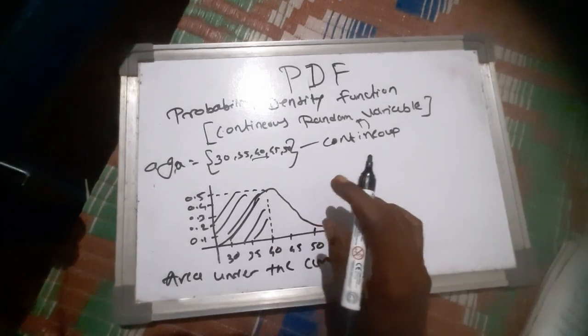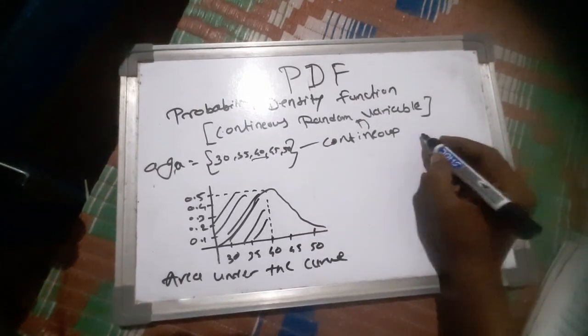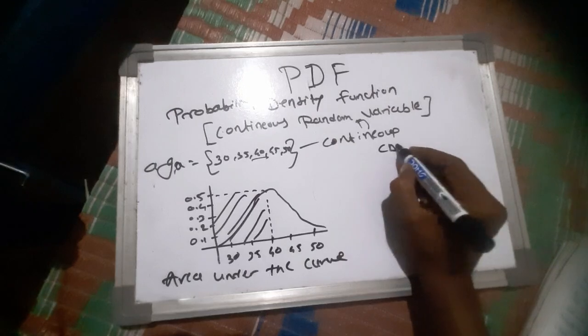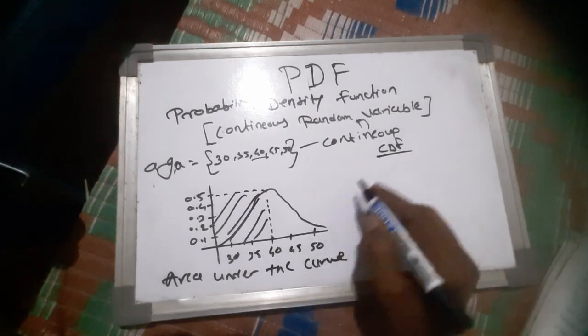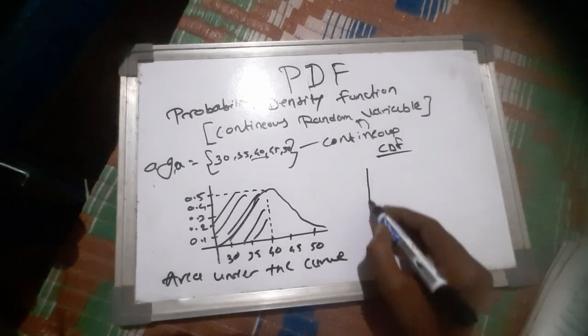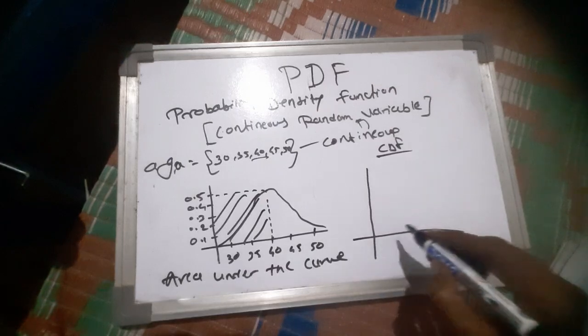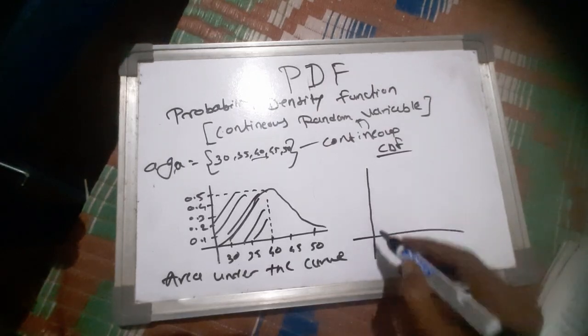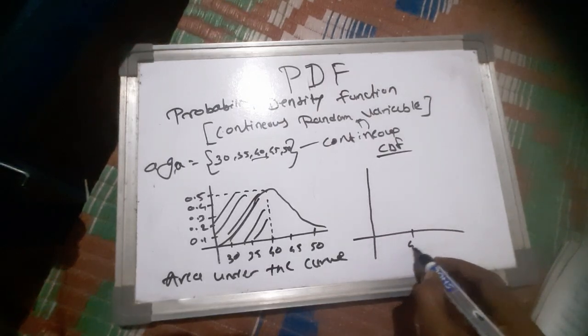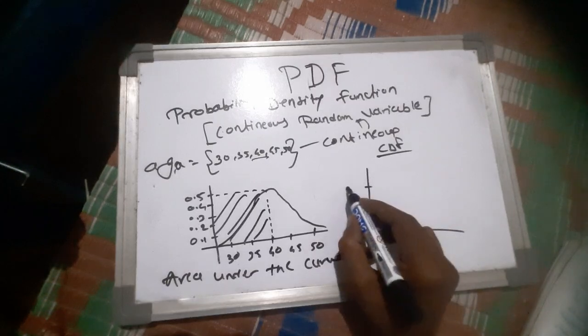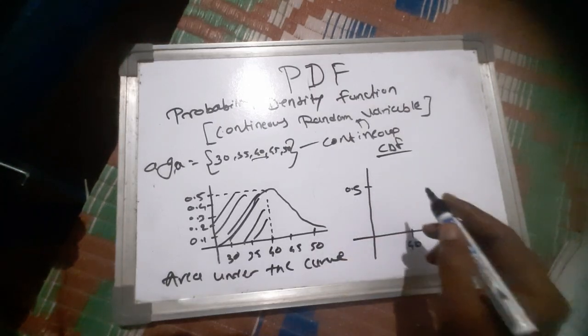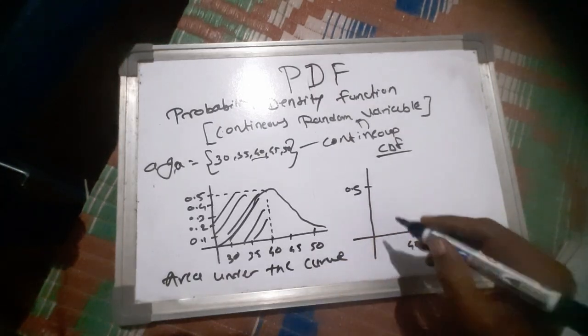And the same we are talking about for the CDF. This is for a density function, where 40 is nothing but 0.5.